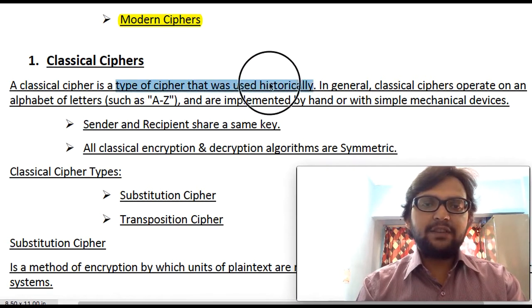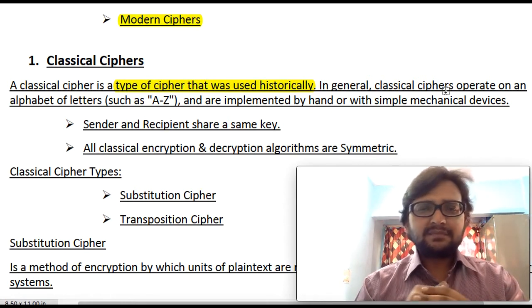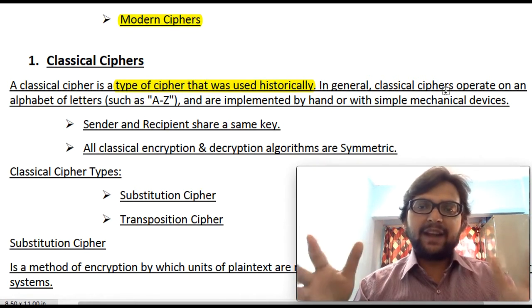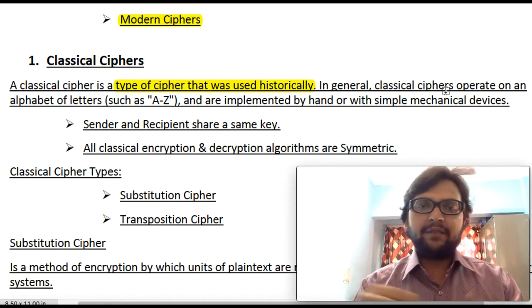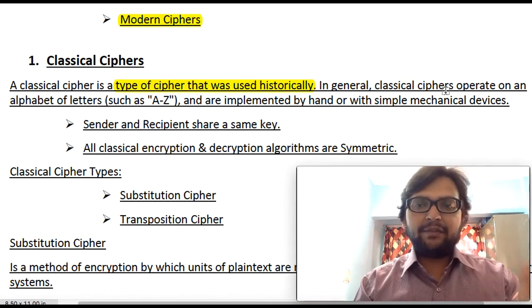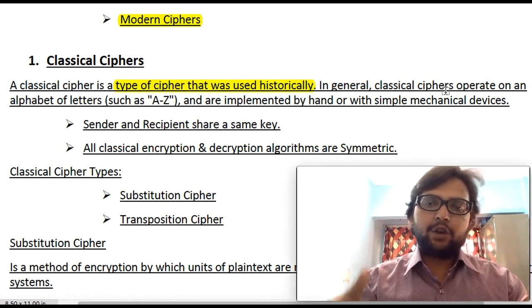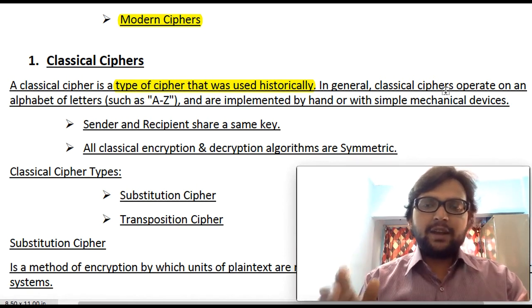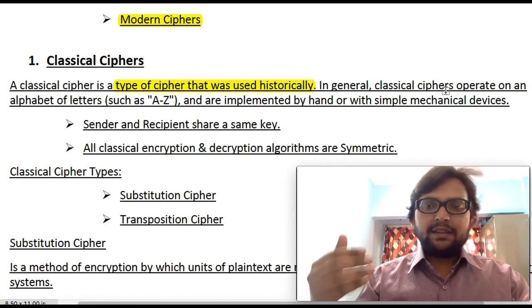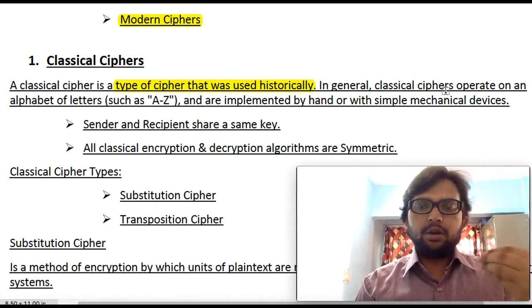It is a type of cipher that was used historically, as I already discussed. Basically, in a big battle, when two kings are fighting with each other and are at a battlefield, if someone needs help, kings used to encrypt their message and send it over so that their rivals or opponents can't understand what is written in that message. If one can easily decrypt those messages, then they can get the tactics or the strategy they are going to follow in future, and one can easily lose that war.